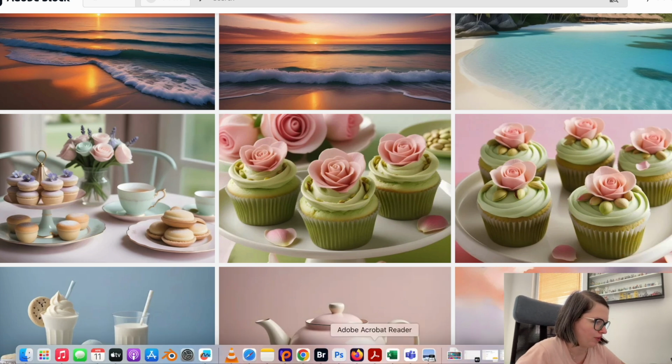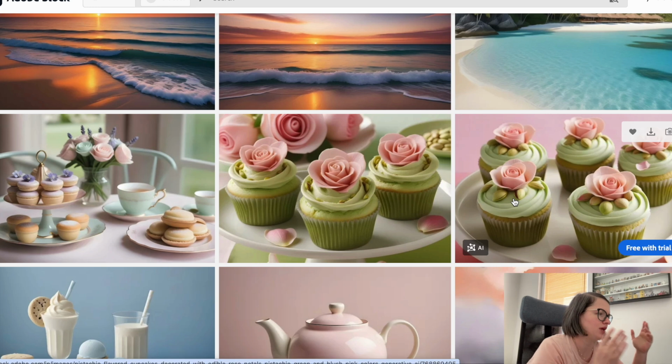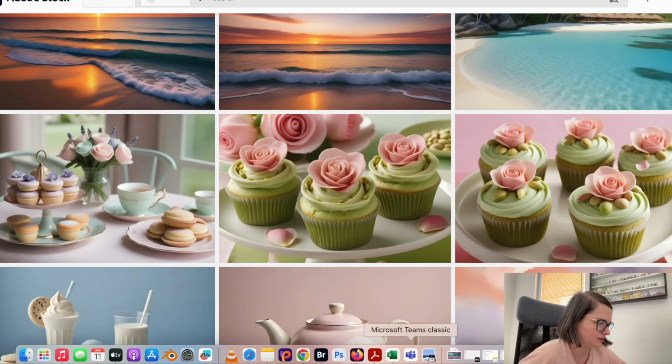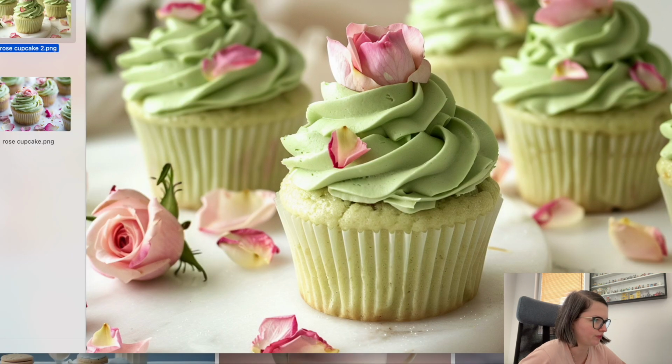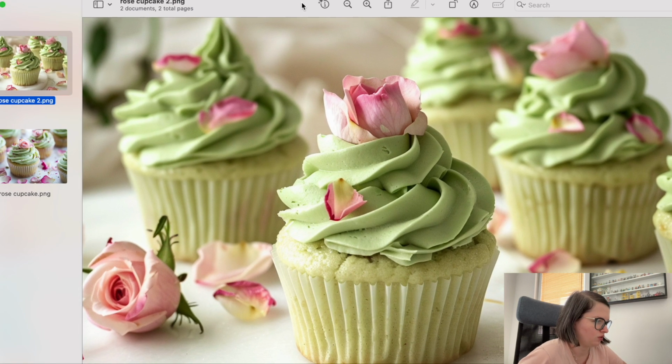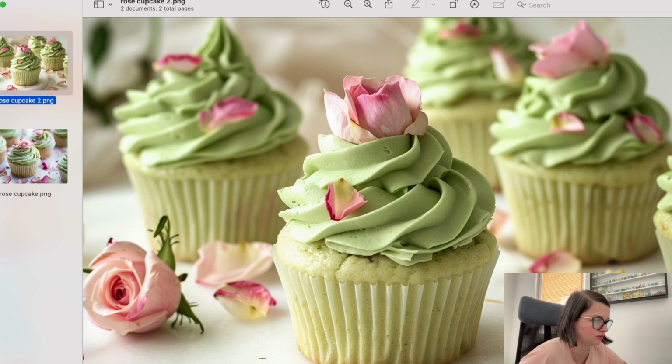So just to compare, I think this you can probably leave as is, but just to see the difference if you generate in Midjourney. I generated pistachio cupcakes with the roses, and you can see that it's very detailed. The cream looks really real, everything looks real. The rose is really natural.